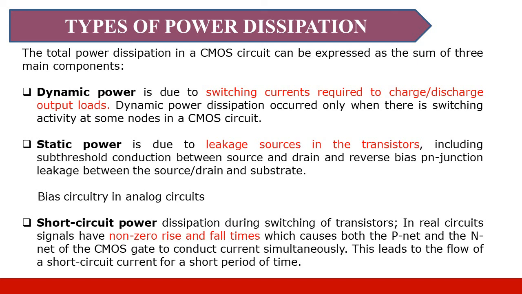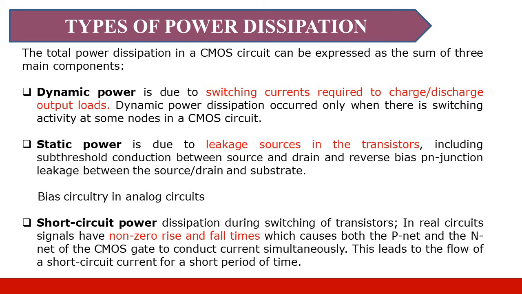Dynamic power is due to the switching current which is required to charge or discharge the output loads. Or in another way, if we have a capacitive load in the circuit, the dynamic power will depend upon the charging and discharging of that capacitive load. So it is totally dependent upon the switching activity or the switching current.